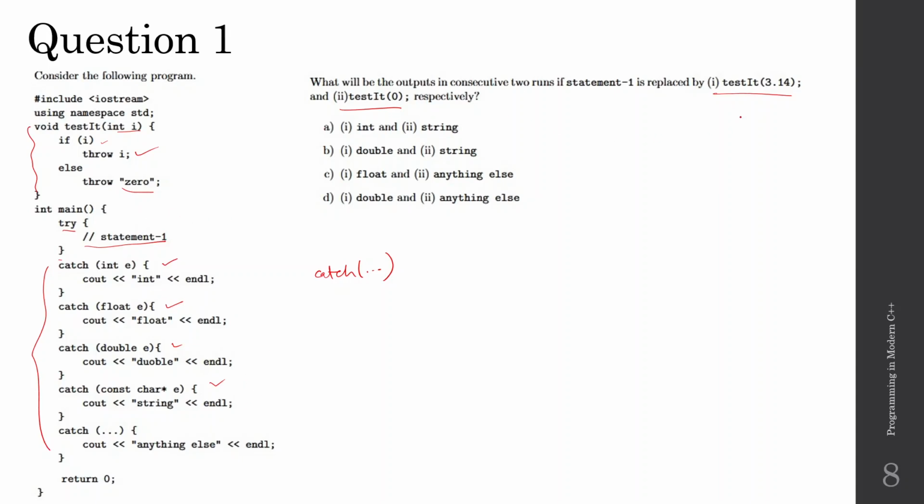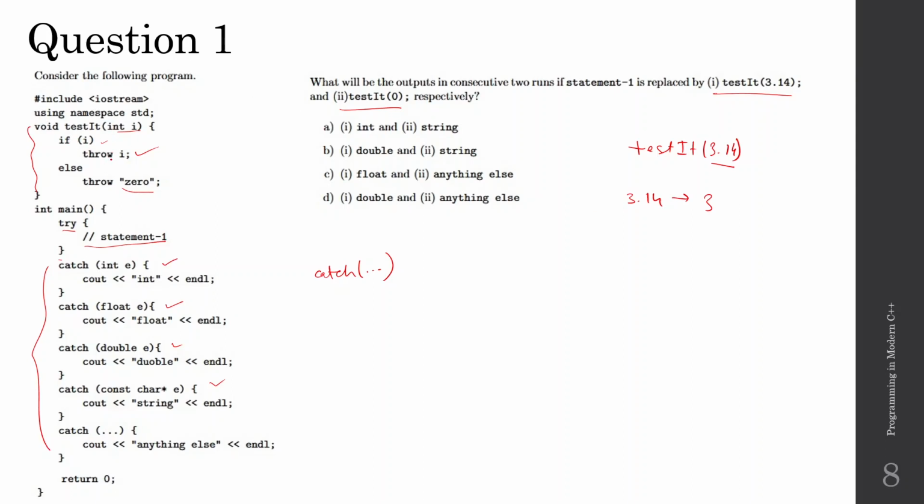So in the first case, we are writing test it and 3.14. Now this is a double, but the function argument accepts an integer. So this will be converted into an integer, and the 3.14 will be converted into the integer 3, and then the condition will be if 3.